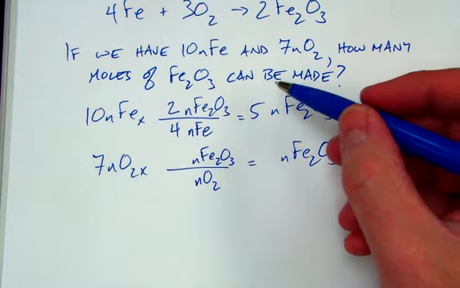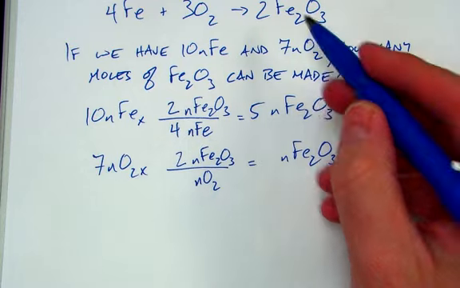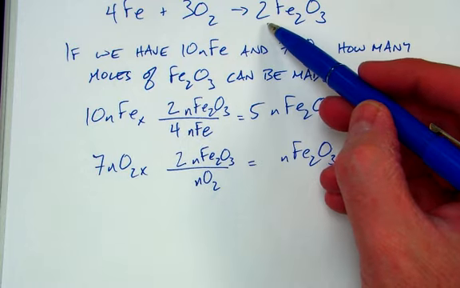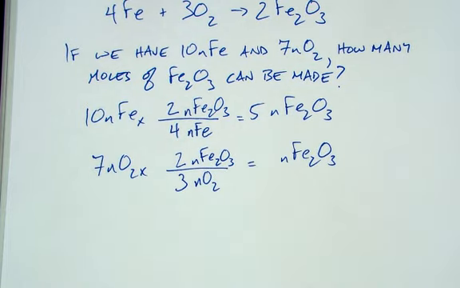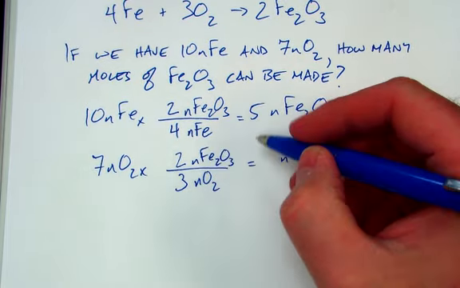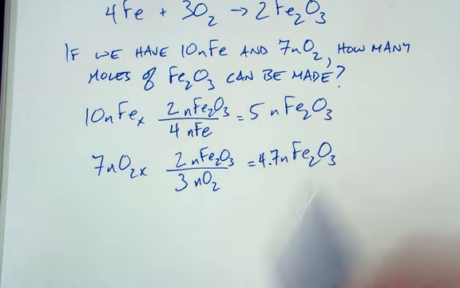And again, from the equation, we're going to put 2 moles, that's the number in front of Fe2O3 in our equation. And for the bottom, we're going to put 3. When we do the math, we take 7 times 2, divided by 3, we should get about 4.7 moles of Fe2O3.